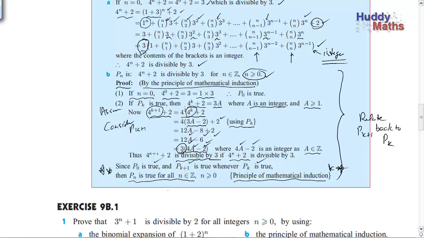So that must be a summary at the end. You must say you start off with a particular value. This might be 1, 2, 3, whatever, and then make the statement you've shown that P of k plus 1 is true whenever P of k is true. That's the inductive step, and therefore it's true for all integers greater than or equal to 0.